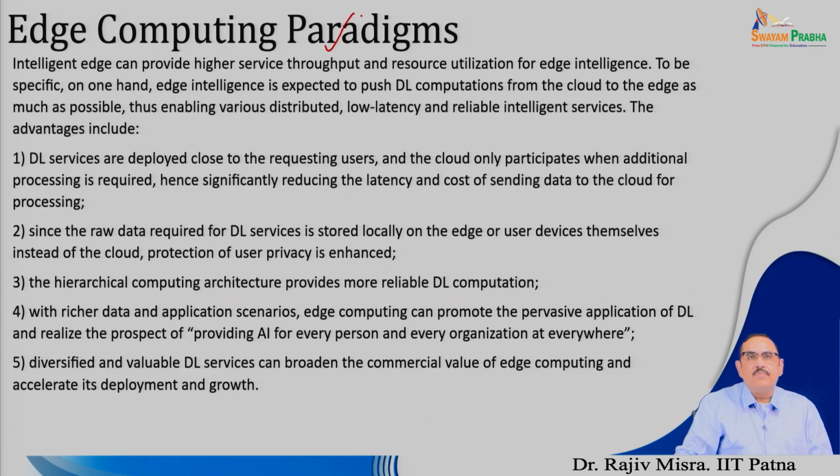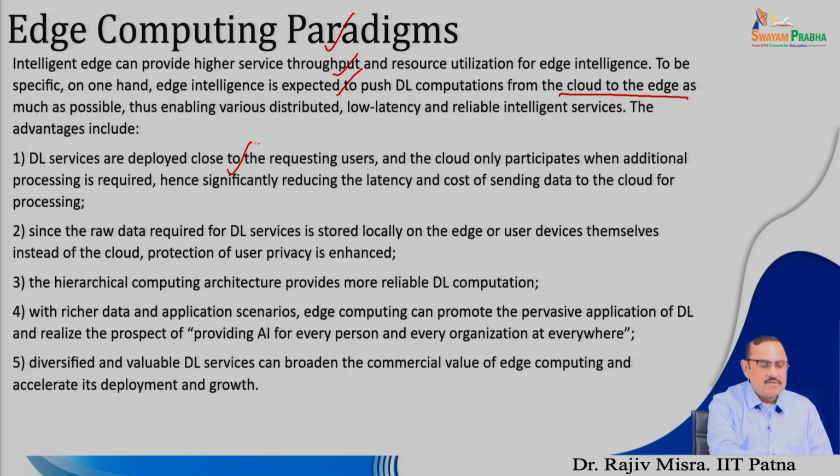Intelligent edge can provide a higher service throughput and resource utilization for the edge intelligence. To be specific, edge intelligence is expected to push the deep learning computation from the cloud to the edge as much as possible, thus enabling distributed, low latency and reliable intelligent services.